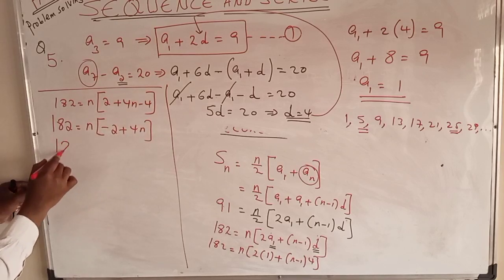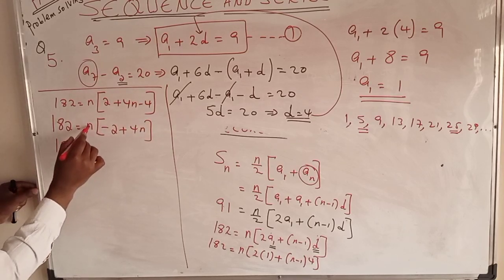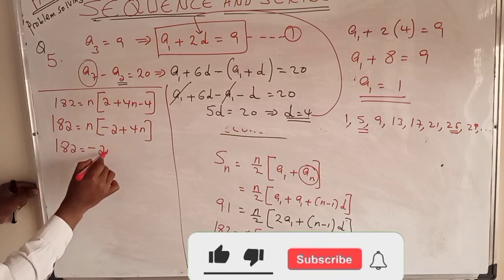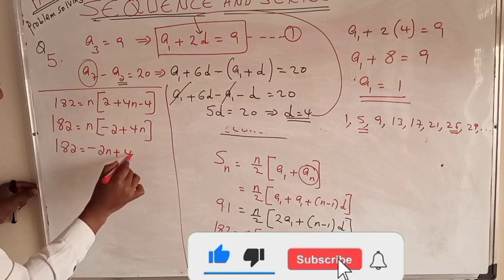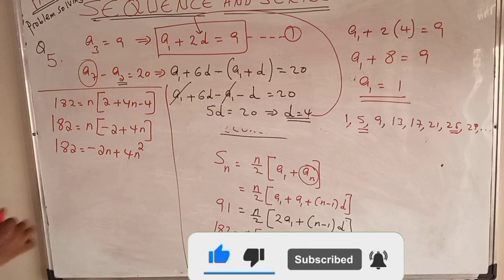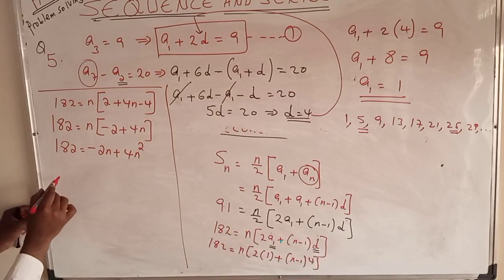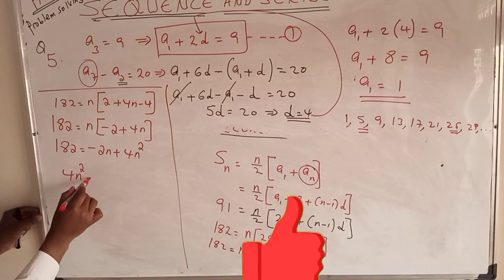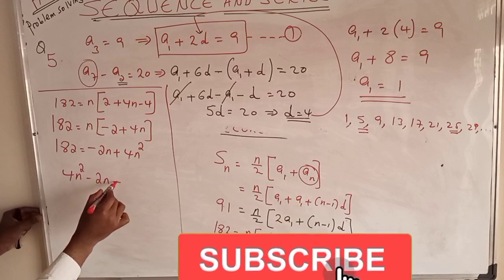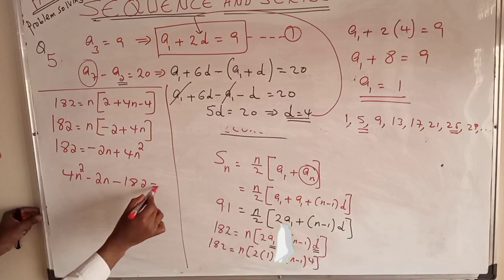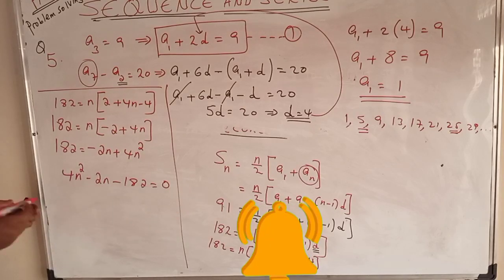Now let us multiply: 182 equals minus 2n plus 4n squared. Now bring this to this side so that you get 4n squared minus 2n minus 182 equals 0.